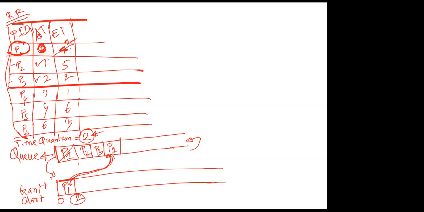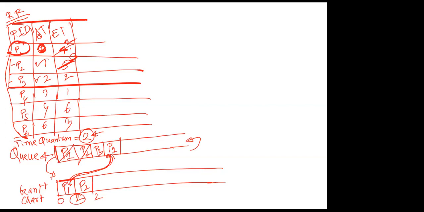Now the operating system will take the first process out of the queue and schedule it to the CPU. How long will it run? It will run till 2 time units. So here 2 time units are done, and it needs another 3 time units to complete its execution.